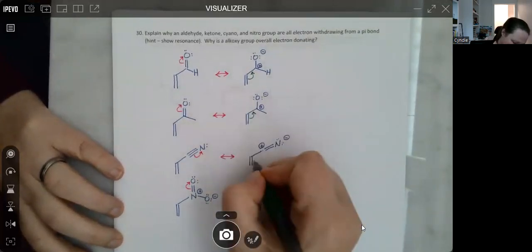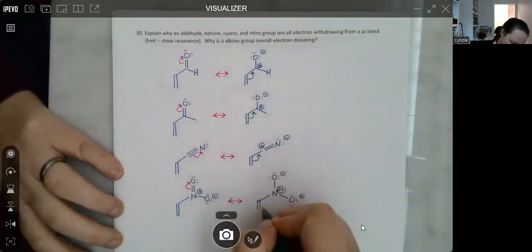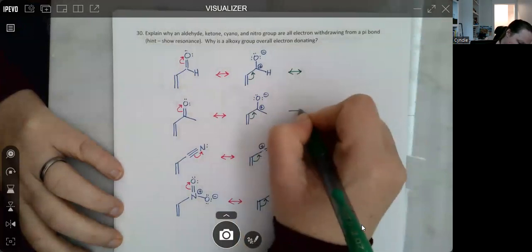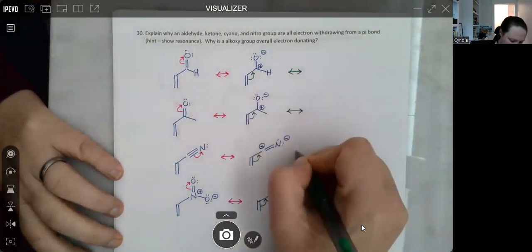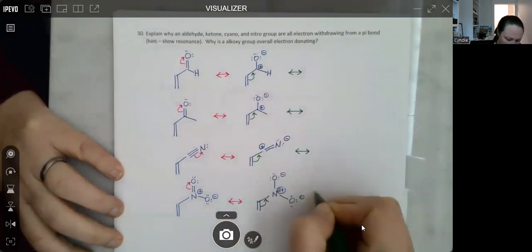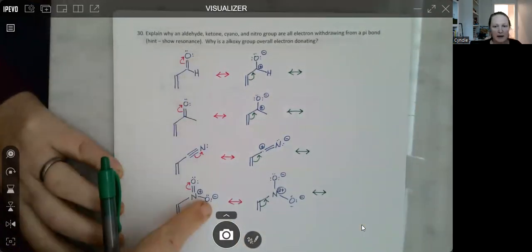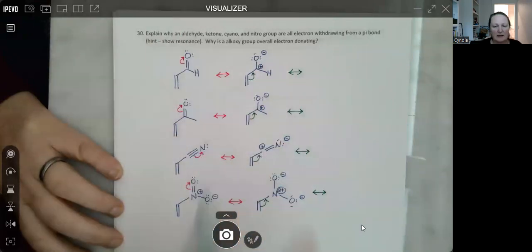So we're gonna shift these electrons over. So again, we started off with the pi bond between atoms of differing electronegativity pattern, followed by the allylic carbocation or the allylic positive charge pattern.